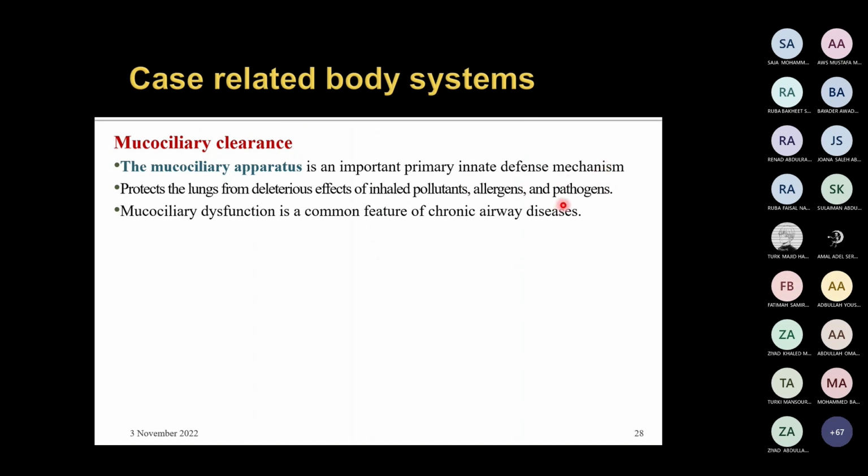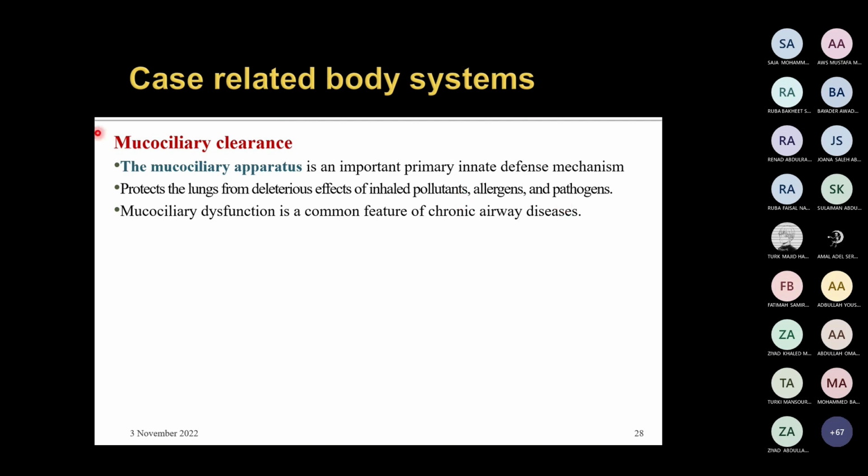While we take a breath, a lot of organisms, a lot of particles enter with the respirations, and without the ability of the conducting airway to remove these organisms, these particles will stagnate inside the lung, resulting in infections, resulting in obstructions, resulting in a lot of problems.